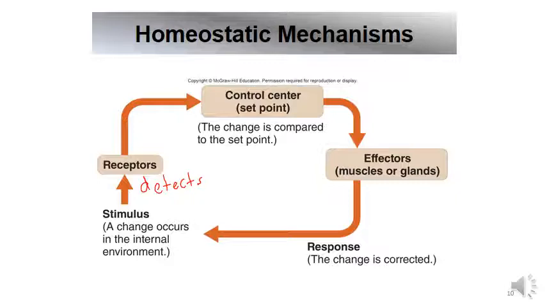If I said, which of the following is the one that makes a decision and then sends a command to the effectors, it would be the control center. Or if I said, which is the one that is actually doing the response, taking the command from the control center, then you would say the effectors. Okay, so know the definitions for these 3.